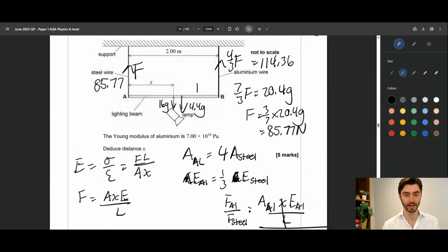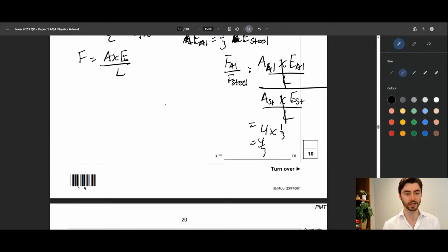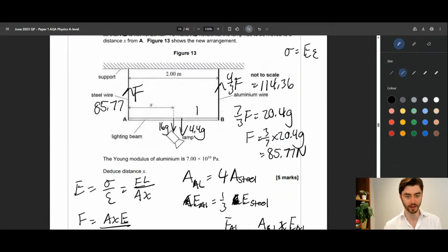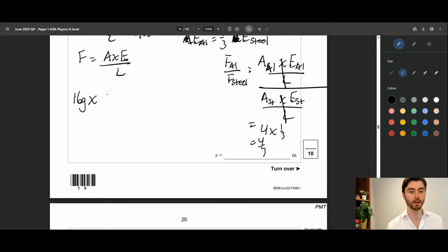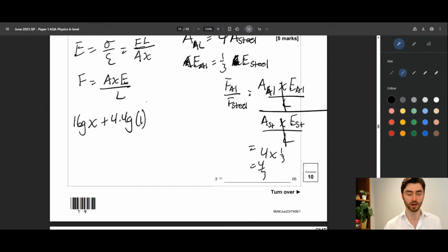And then we can do moments and say that 16g acting at a distance of x, plus 4.4g acting at a distance of 1, equals 114.36 acting at a distance of 2.